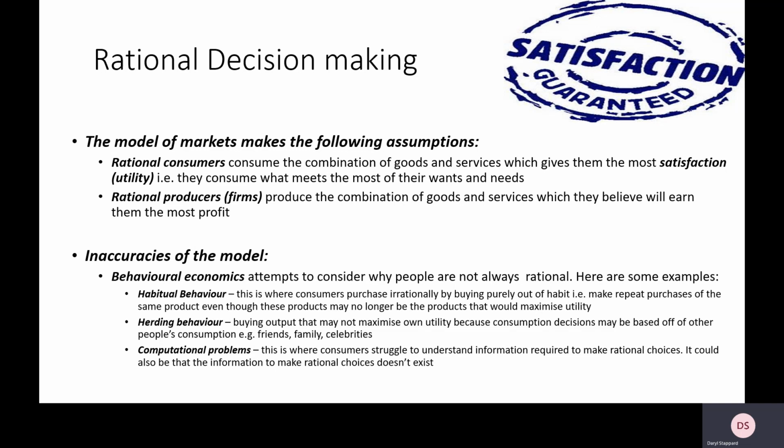So a good example could be, think about a second-hand car salesman. When that second-hand car salesman is trying to sell a car, they're a supplier in the car market, and they want to charge the highest possible price for that car to give them most profit on that particular car they're trying to sell. The people looking to buy that car will be looking to pay the lowest possible price to meet their wants and needs.